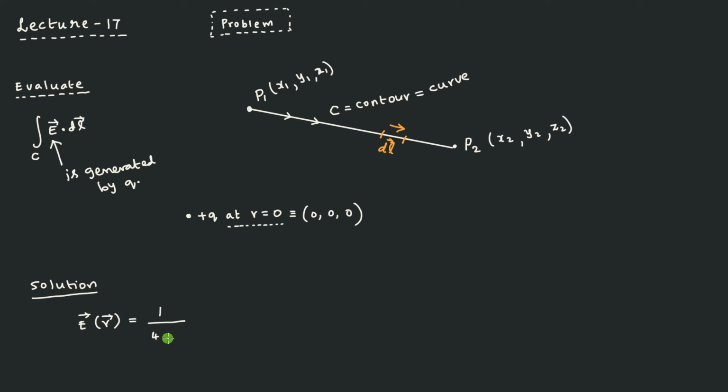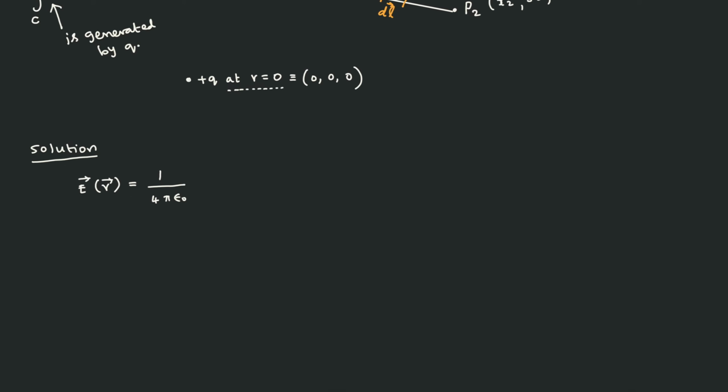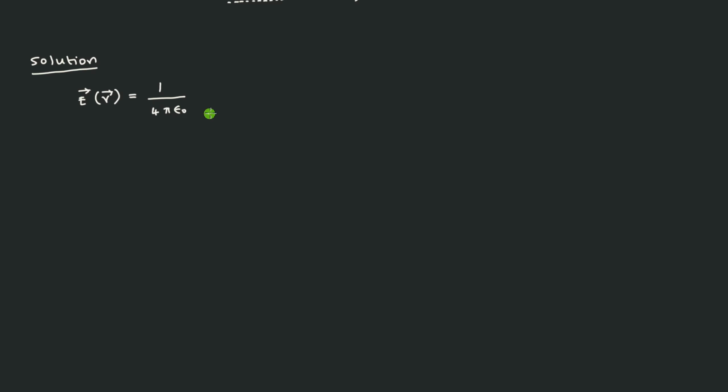We can write the expression like this: 1 divided by 4 pi epsilon 0 into Q, where Q is the charge present in the system, divided by r squared, because at a distance r, they have written here, so I have to use the same r here. Then the unit vector r cap, and this will be the electric field generated by a charge Q as shown in the diagram.